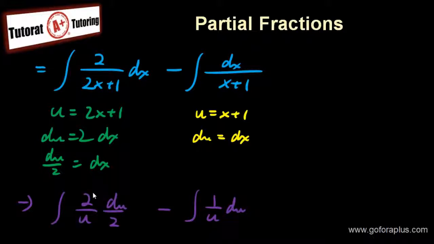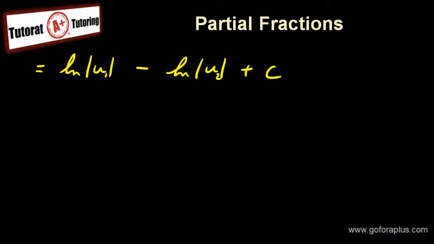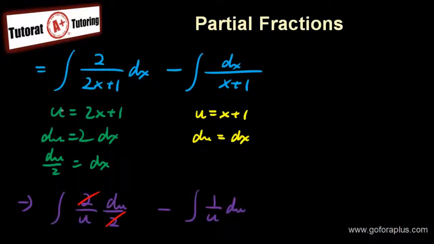This 2 and this 2 cancel, and I have ln of absolute value of u, subtract ln of absolute value of u, plus C. It's a different u. This is the first u, this is the second u, right? Let me just make sure this is 1 and this is 2, so be careful of both of them.